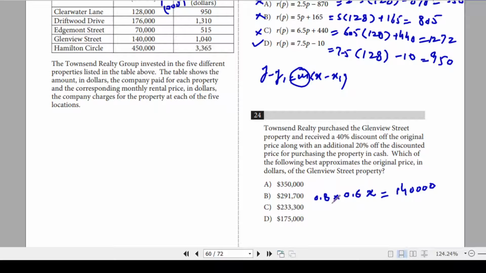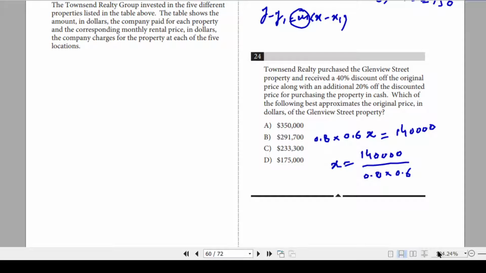You can take it as 60% or 80%, it's the same thing. If you don't know what I did, go back to my percentage topic. This is reverse percentage, which we did in detail. So that's 140,000 divided by 0.8 and divided by 0.6.